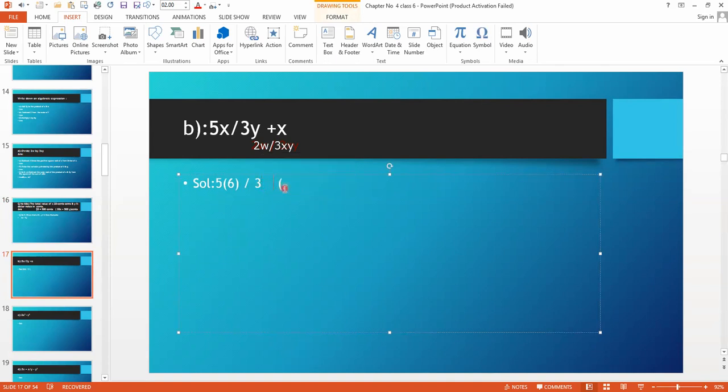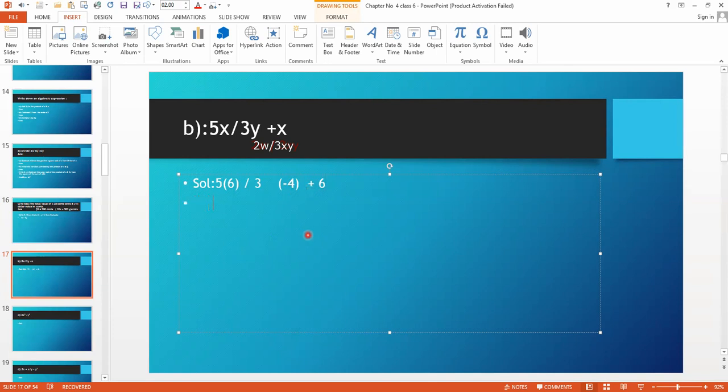Now here, I have to put the value of minus 4, which is the value of y. I have to close the bracket. Then plus sign is given, plus, and x, what is the value of x? It is 6. So we move towards the next step.